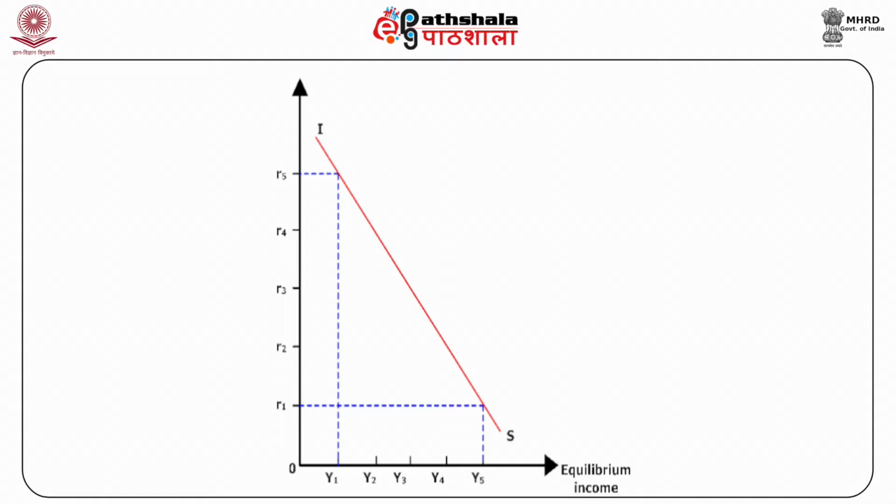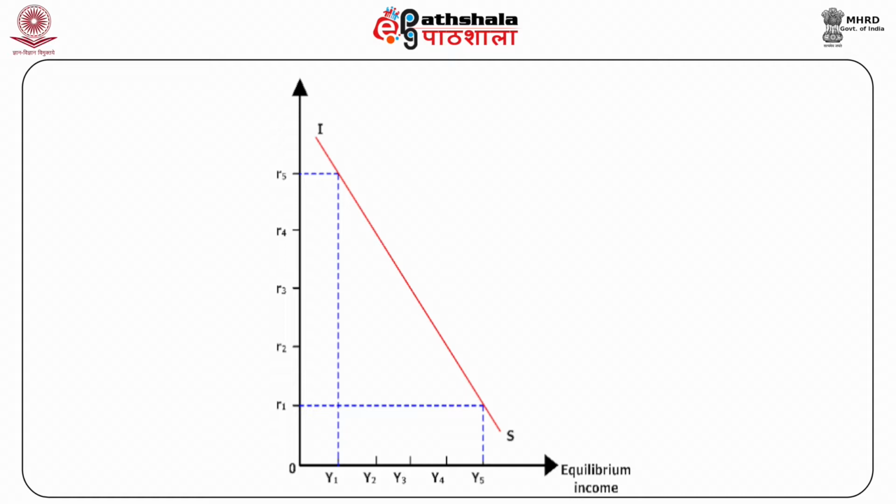When I5 is the volume of investment in the product market, for equilibrium to take place, savings should also be S5. So, S5 would be equal to I5 only if the income level is Y5, and we know that Y5 is a pretty high level of income.